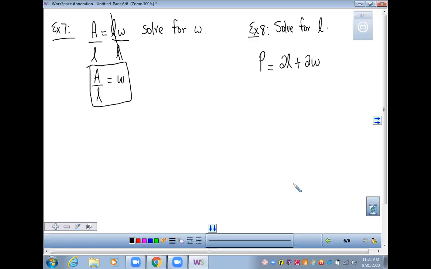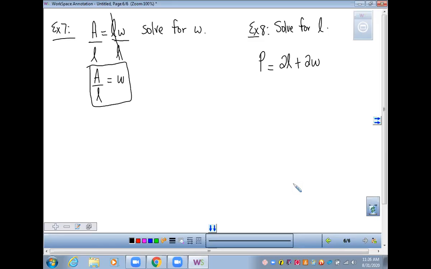Any ideas on where to start this to solve it for L? Subtract 2L or 2W? I don't think we necessarily have to do that.